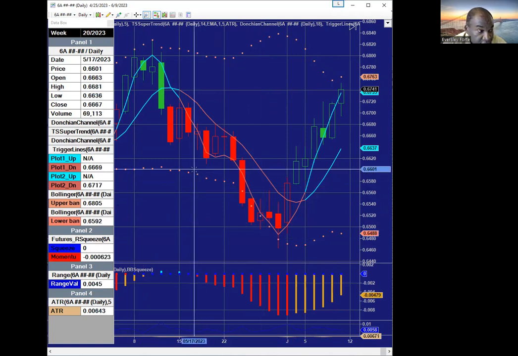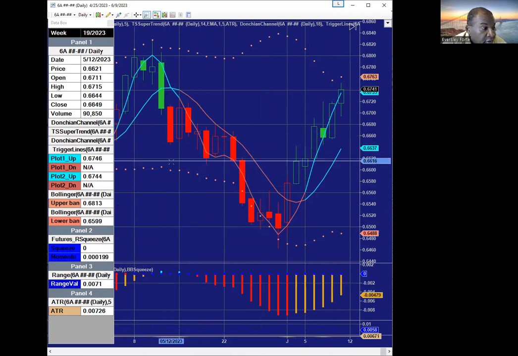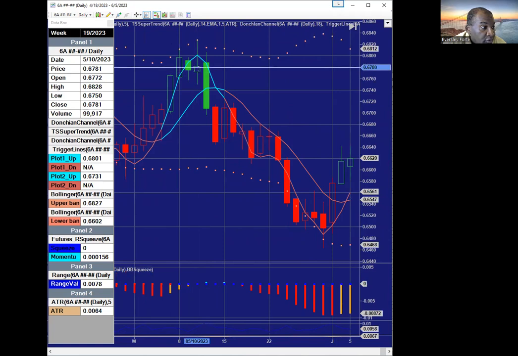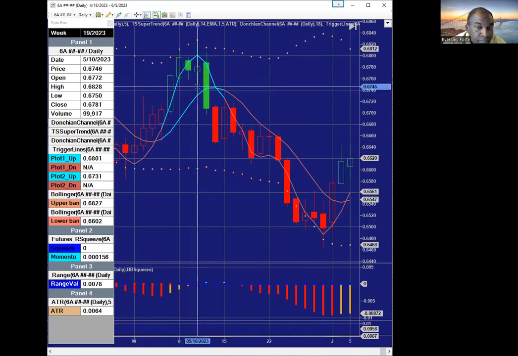That's part of the strategy. This is a down day, there's an up day, they're both red, doesn't matter. Up day candles are not filled in, down day candles are filled in. This one's green, it's a down day, it's filled in. This candle is open, it's an up day.